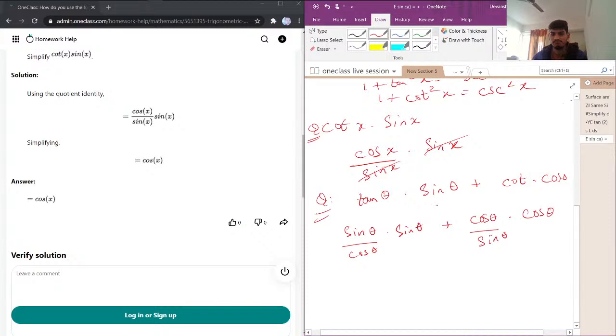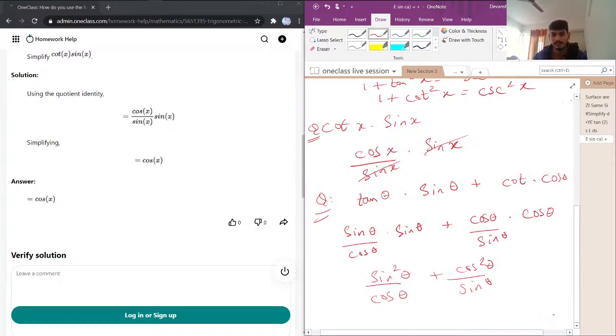So this can become sine square over cosine theta plus cosine square theta over sine theta.